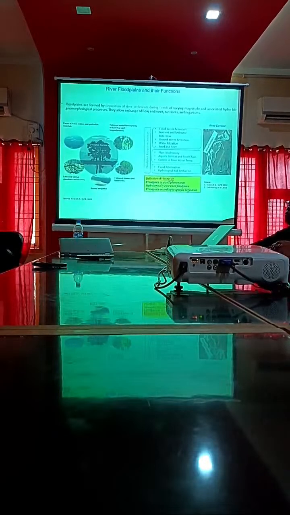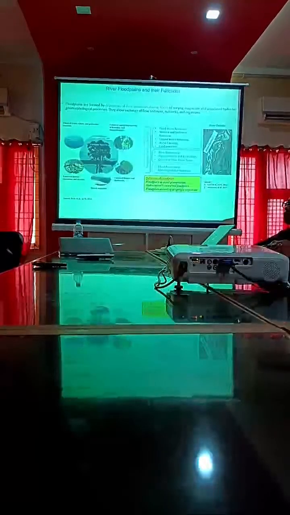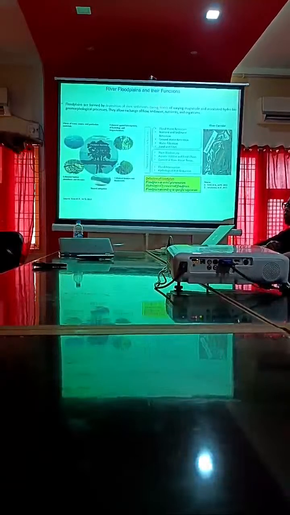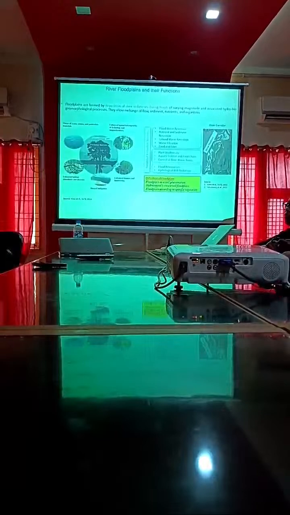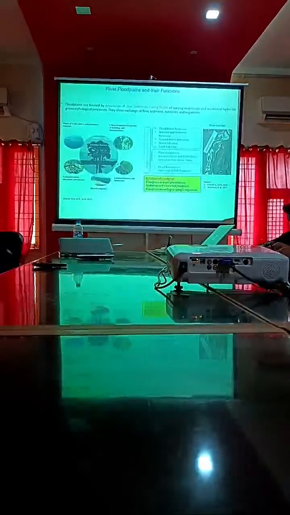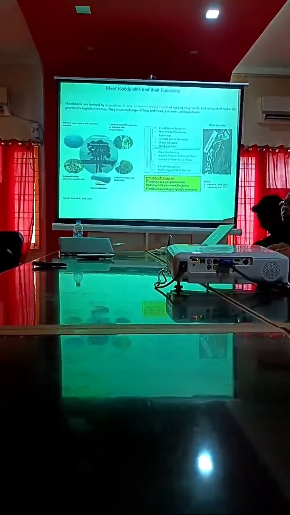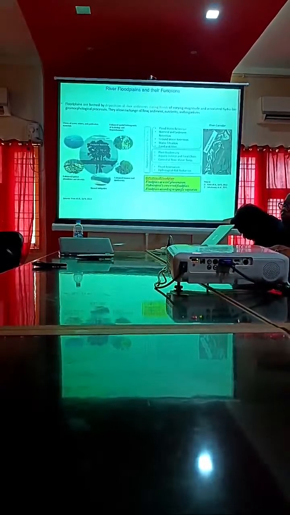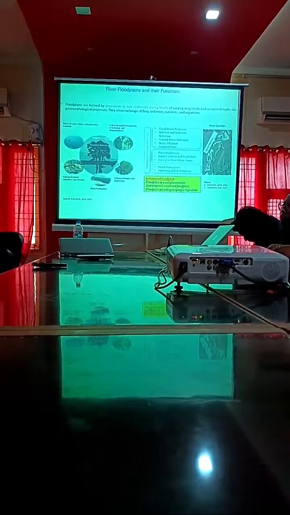If you are constructing a hydropower structure on the river, it is good. But if you construct cascading hydroelectric power projects, cascading meaning one structure every 10 kilometers, every 20 kilometers, it is going to have a negative impact.